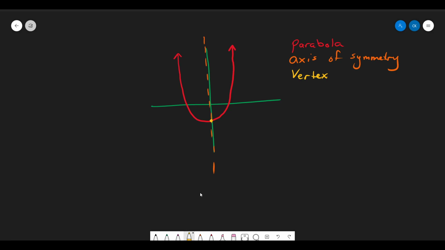The vertex will always fall on the axis of symmetry. Okay? Now that point, that vertex, like I just said, it's either the lowest or the highest point, depending upon which way the graph is opening. So that vertex could either be our maximum or our minimum point.